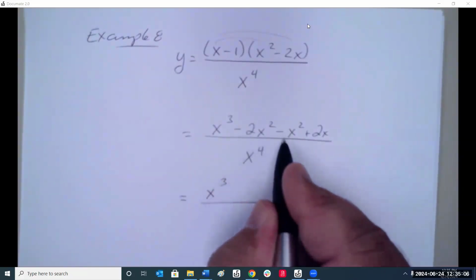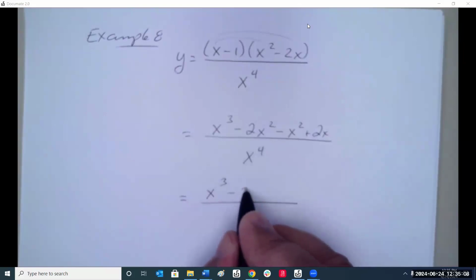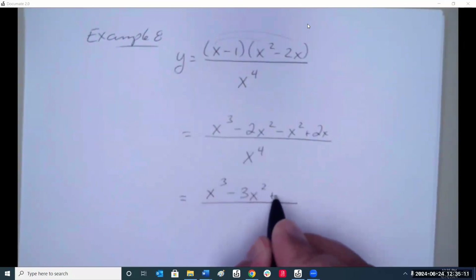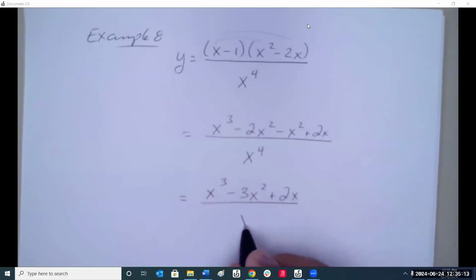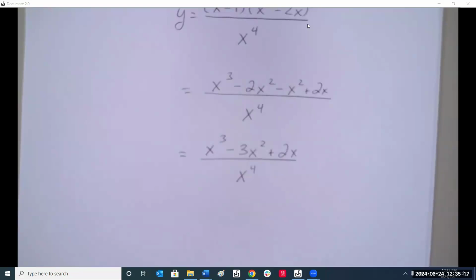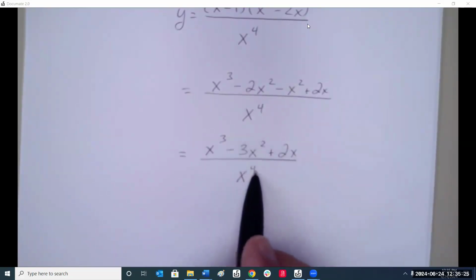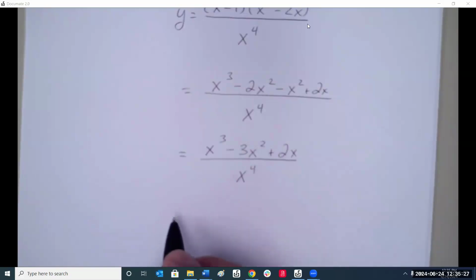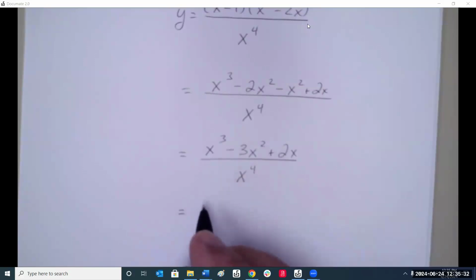Negative 2x squared minus x squared makes it negative 3x squared, all over x to the fourth. Now, since you have a monomial on the bottom, divide each one by that denominator.